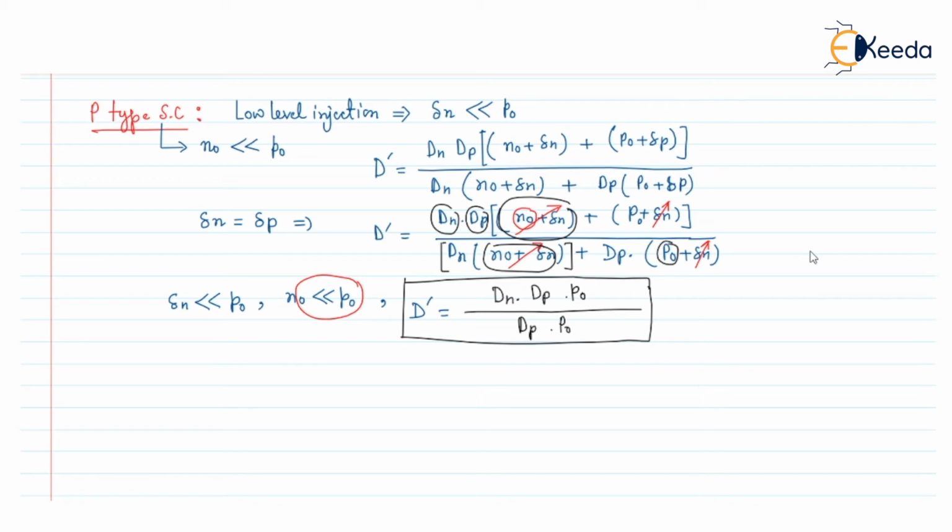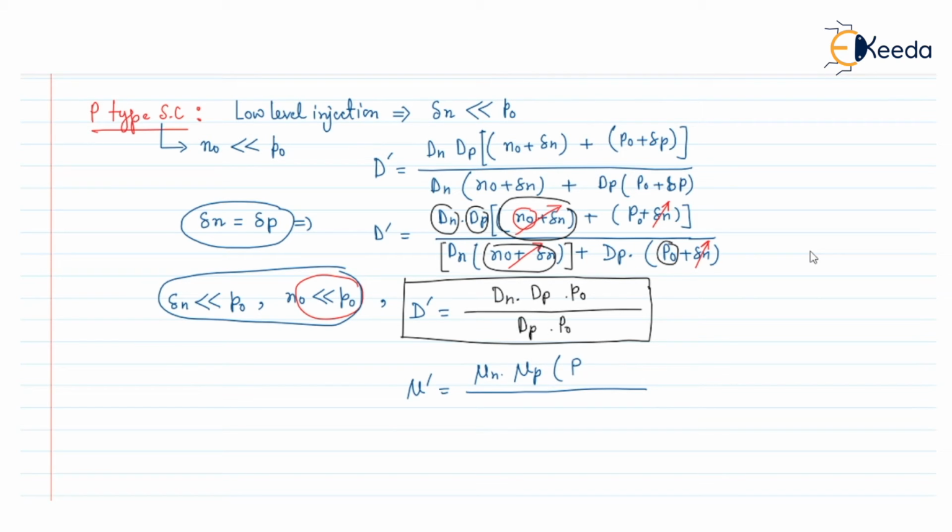Similarly, we can also find that the effective mobility value for the ambipolar transport in a p-type semiconductor can be written as, using those considerations, this del n plus del p, and if we use this in the mu dash equation, it can be written as mu n into mu p into p minus n, over mu n into n plus mu p into p.